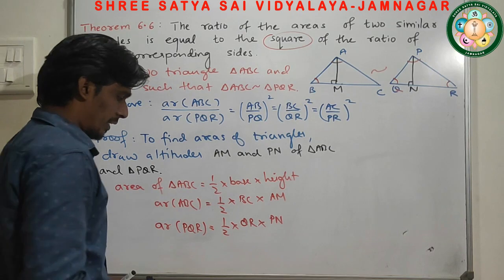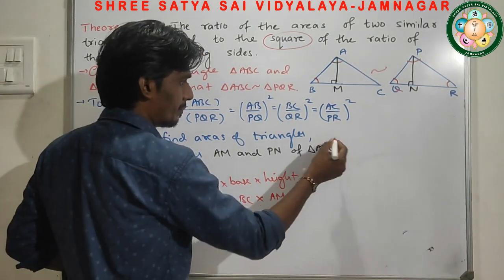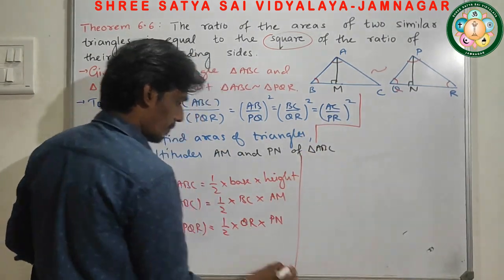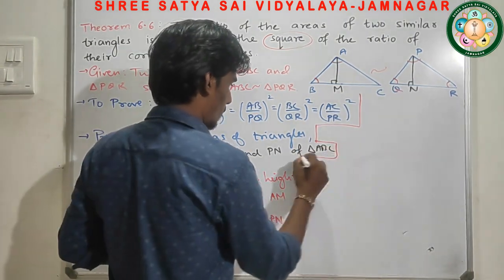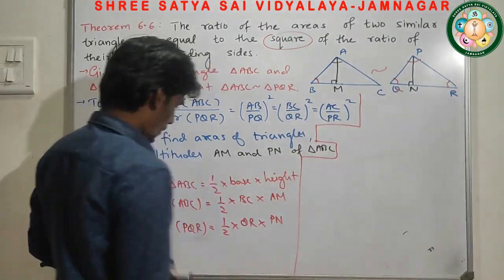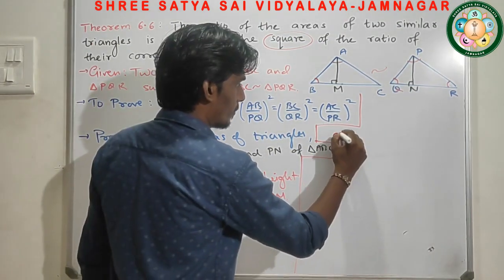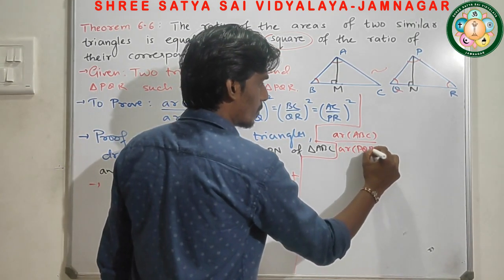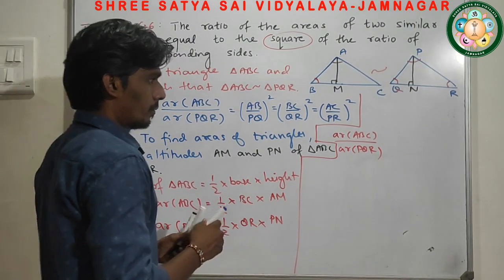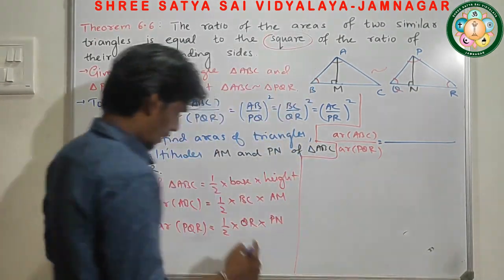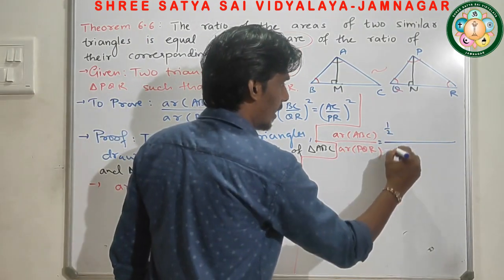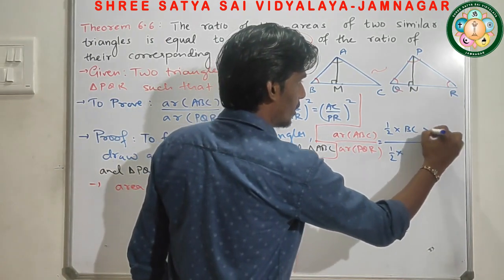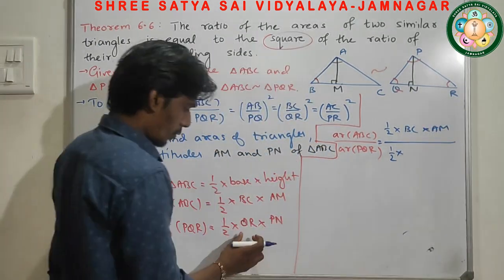So let's take out the ratio. If I take out the ratio, I can write area of ABC upon area of PQR. Replace the formula here again. It's half BC into AM upon half QR into PN.